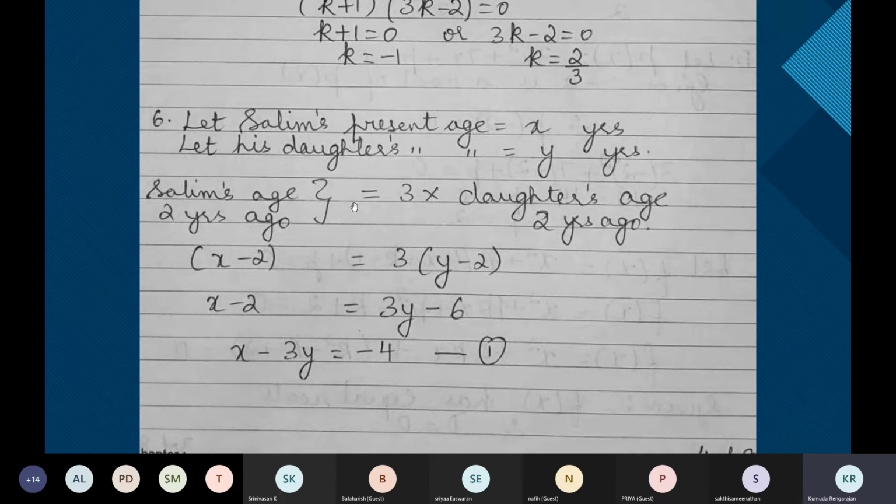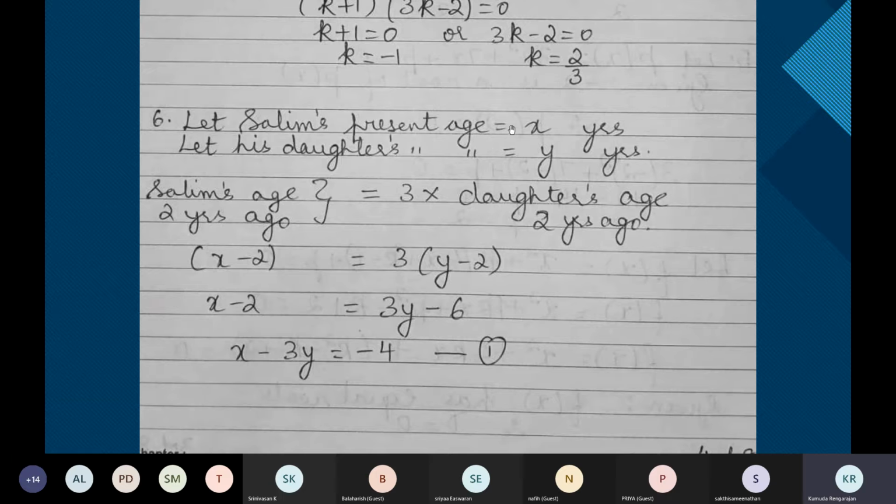Is, was, will be, all that means equal to. Past, present, future, was, is, will be, all that stands for the equal to sign. So Salim's age 2 years ago was 3 times, so 3 into his daughter's age at that time, 2 years ago.